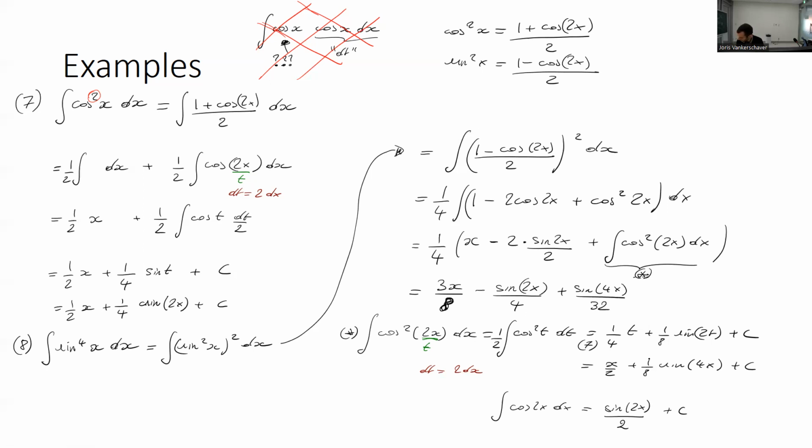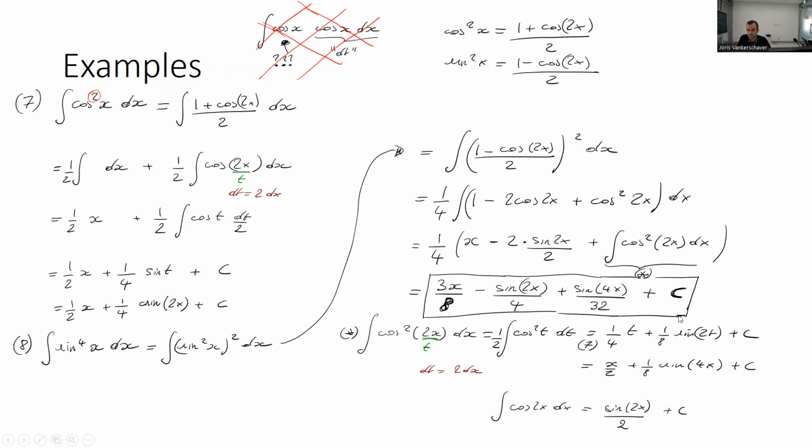So you have the 1/8 here, and then a 1/4, and those combine to give you a 32 instead. Plus, of course, an arbitrary constant. So just to make it clear, let me put it in a frame like so.